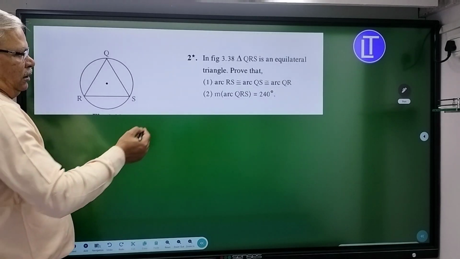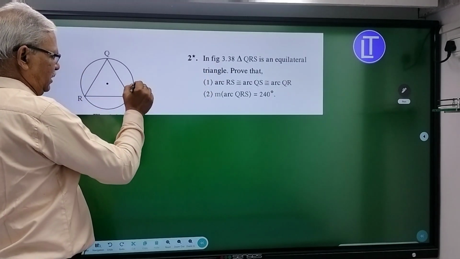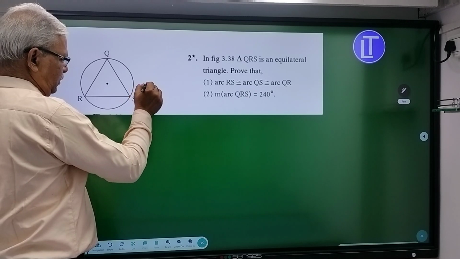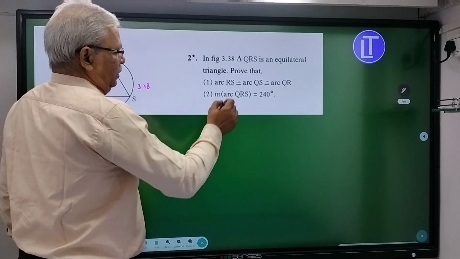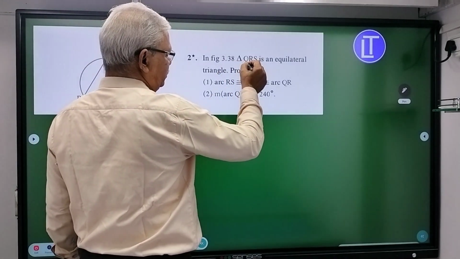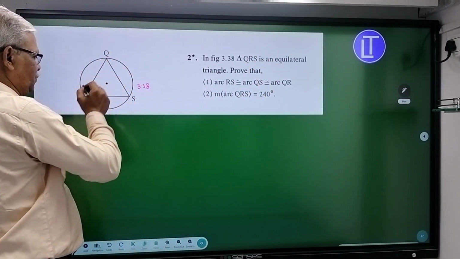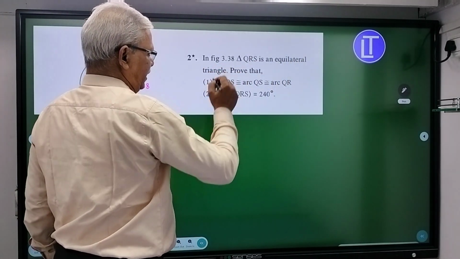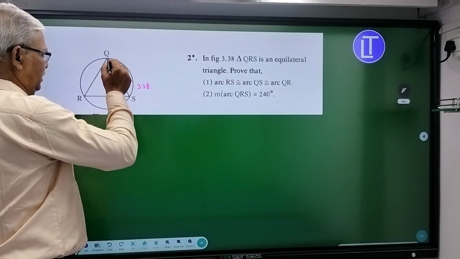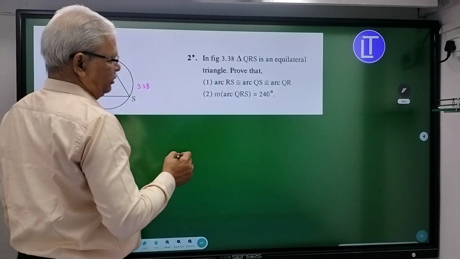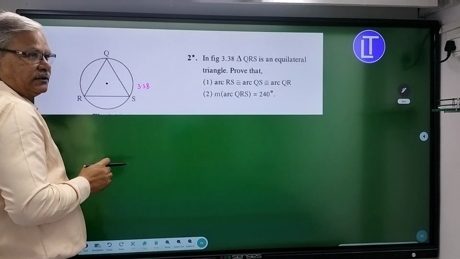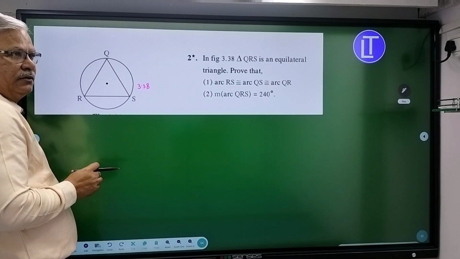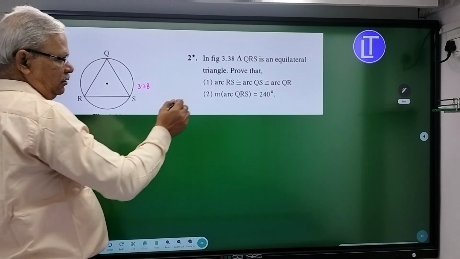Here in figure 3.38, triangle QRS is an equilateral triangle. Equilateral means having all the sides equal and each angle is 60 degrees.